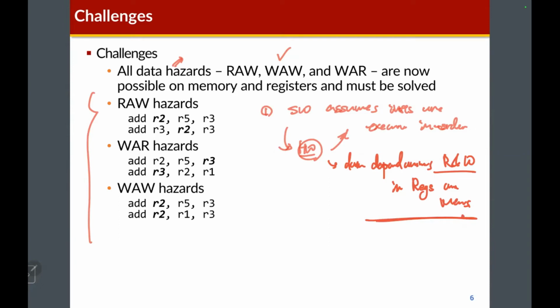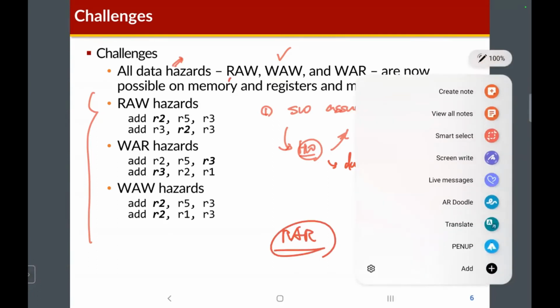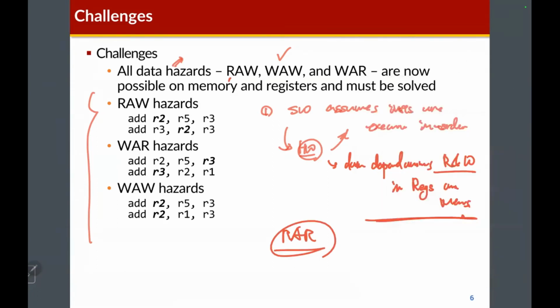So we need to consider three types of data hazard: RAW hazard, WAW hazard, and WAR hazard. Read after write, write after write, then write after read hazard. We don't need to consider read after read because read does not change any data. But the problem is that store changes data in the register file and the memory.